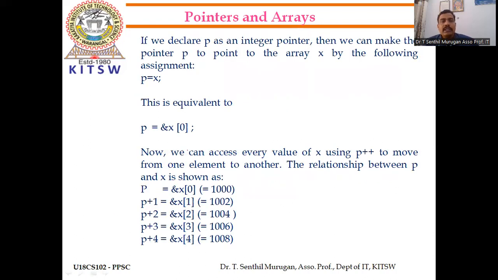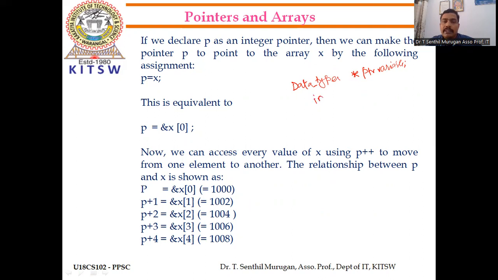How do we declare a pointer? We write the data type, the asterisk symbol to represent the pointer, then the pointer variable. This is the declaration part.